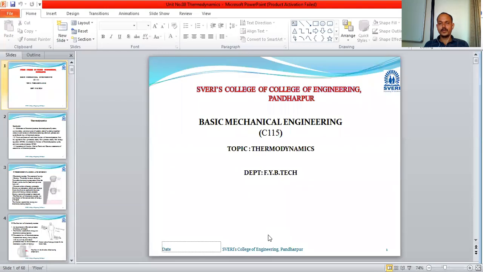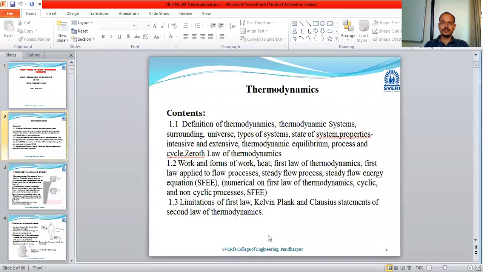In this chapter the syllabus is the definition of thermodynamics, then thermodynamic systems, surroundings, universe, types of systems, state of systems, properties, intensive properties, extensive properties.